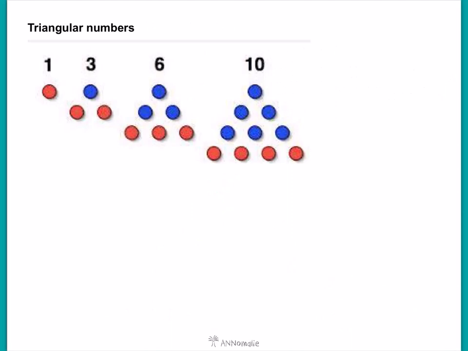Now, another very interesting link is the link to the triangular numbers. If we look at these numbers, 1 plus 2 is 3, plus 3 makes 6, plus 4 makes 10, and we can carry on like that.